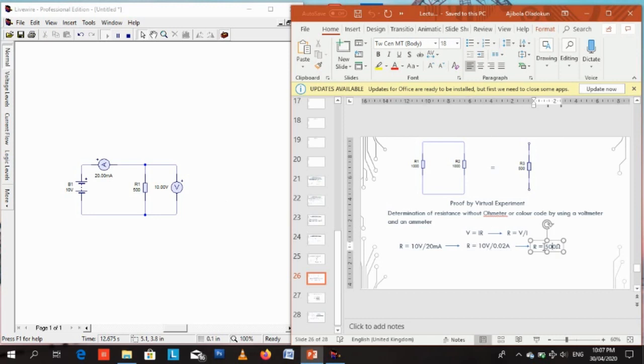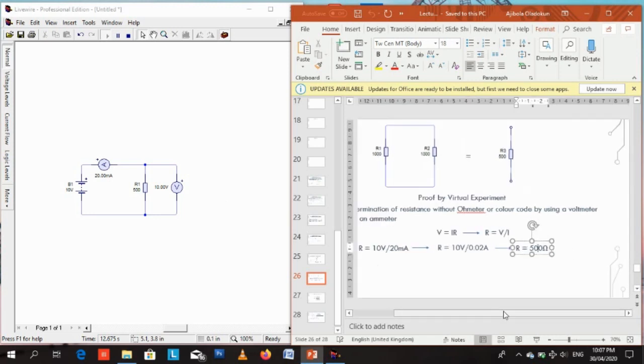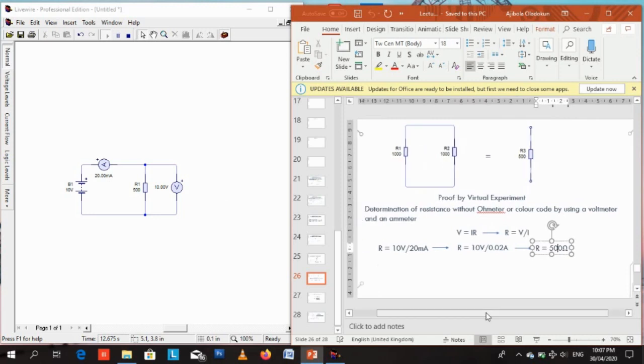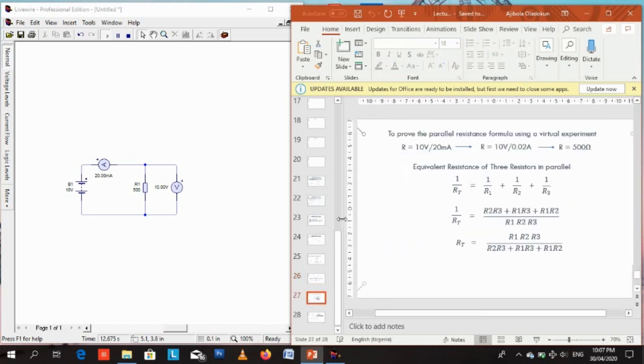So if you do that, we have 500 ohms. So we see that with just a voltmeter and an ammeter, we can determine the resistance of a resistor. You just apply Ohm's law.